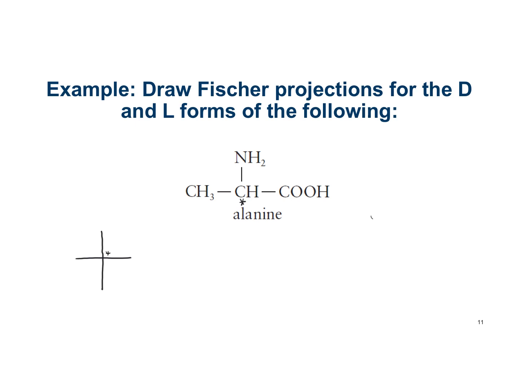We are going to arrange this so that the carbonyl group, that C double bond O, OH, is at the top, and then I am going to put a CH3 here at the bottom, and then we are going to put the H and the NH2 on the other 2 sides.